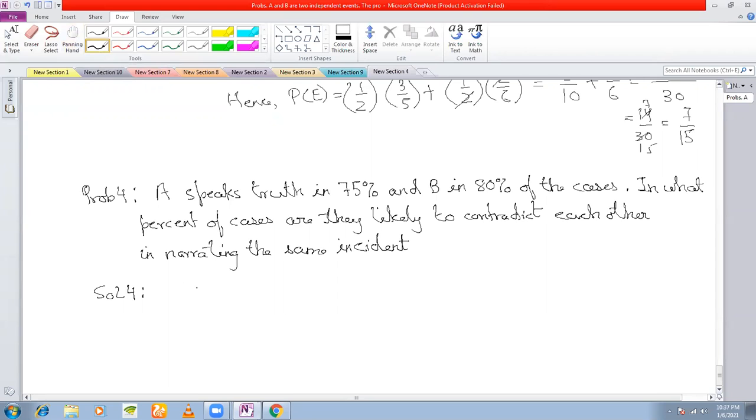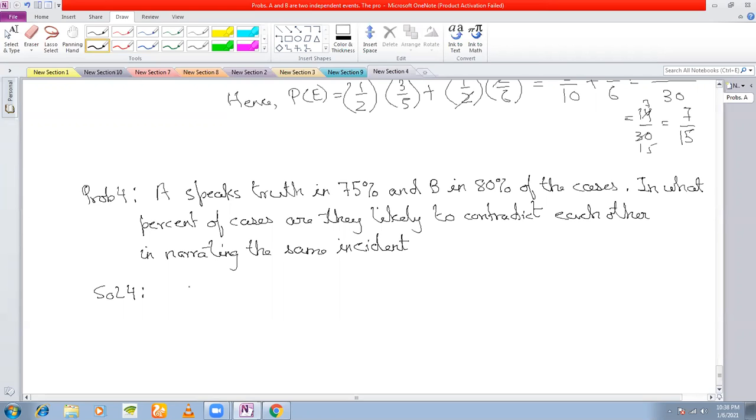At least one or exactly one? At least one. Why at least one? In at least one, what if both of you speak the truth? Then you're not contradicting each other.